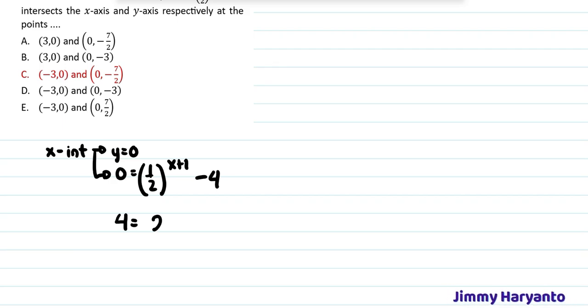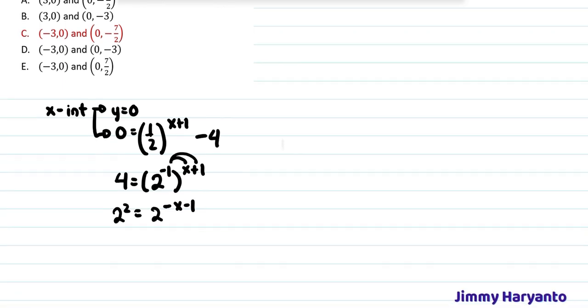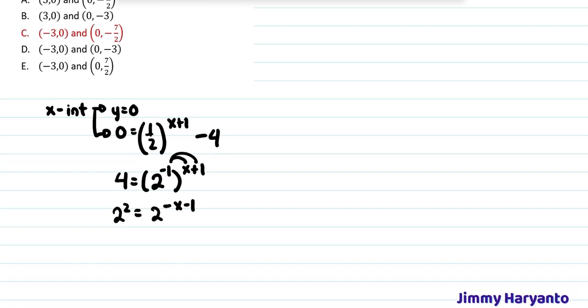It will be like this, and then I will make the half into 2 to the power of negative 1. And then the 4, I will change into 2 squared also. So this one, power of a power, will be multiplication, like this. And then we can cross out the 2 because it's already the same. 2 equals negative x minus 1. So 3 equals negative x, so x equals negative 3.